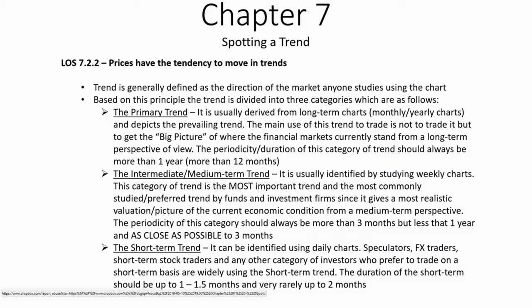Usually we observe and examine this trend using monthly or yearly charts. Do we trade this trend? The answer is no. The main use of this trend is not to trade, but just to get the big picture of where the financial markets currently stand from a long-term point of view.